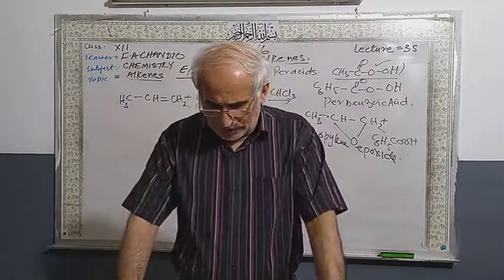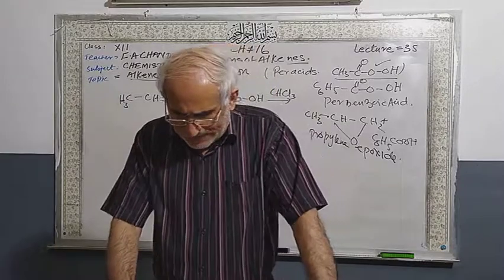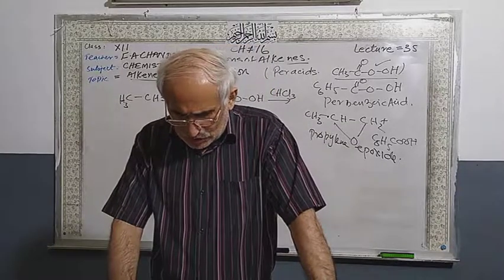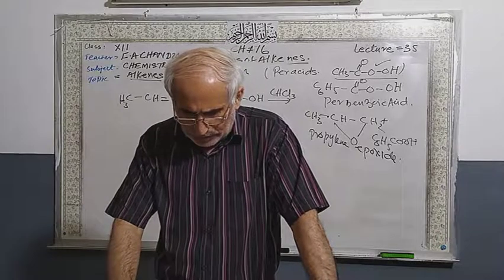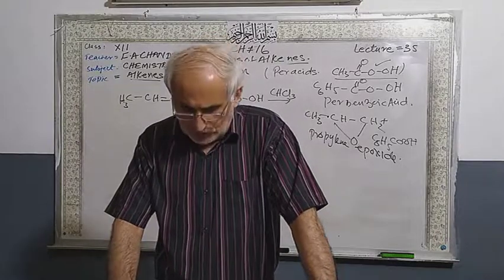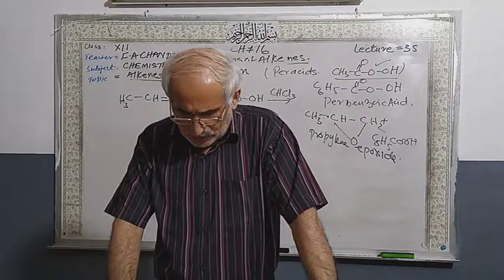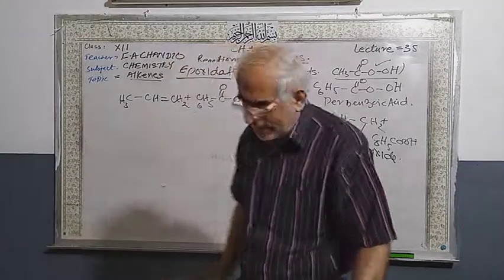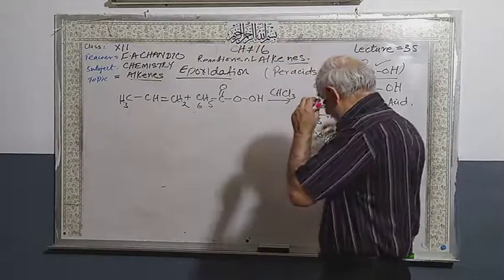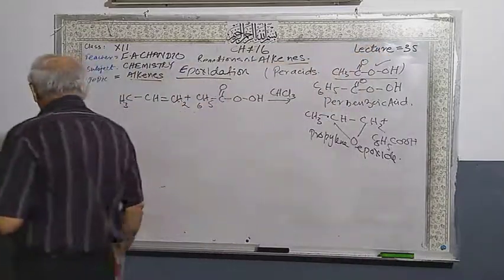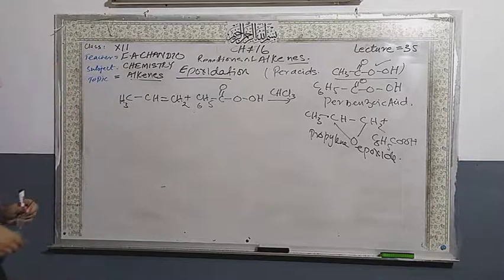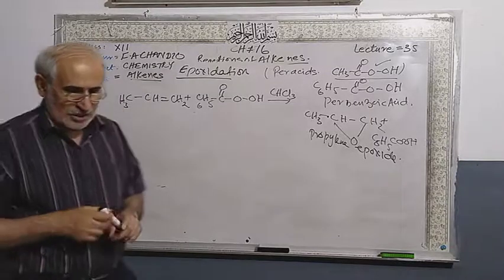In the formation of an epoxide, per acids such as peroxyacetic acid or peroxybenzoic acid react to form epoxides. The propylene reacts with the per acid, perbenzoic acid, peracetic acid, to give propylene epoxide and benzoic acid. So this is the epoxidation.